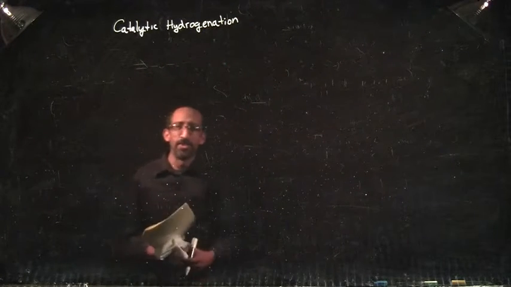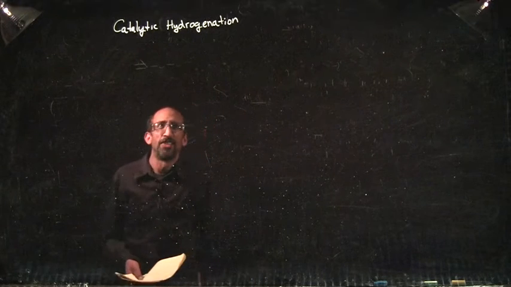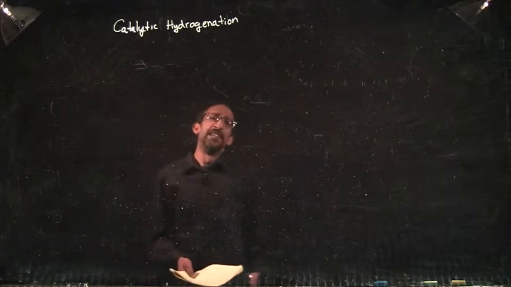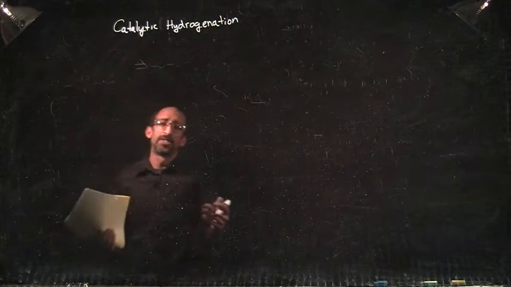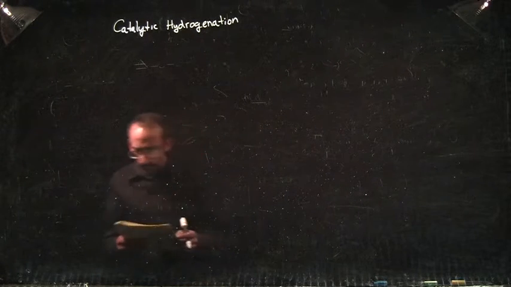You'll often hear me just calling this a hydrog reaction. That's a bad habit left over from my grad school days, but it is actually known as a catalytic hydrogenation.